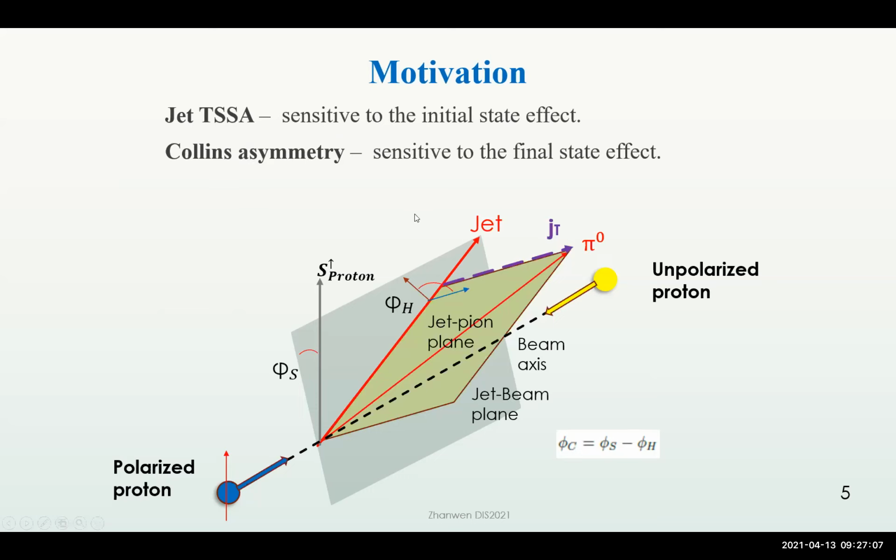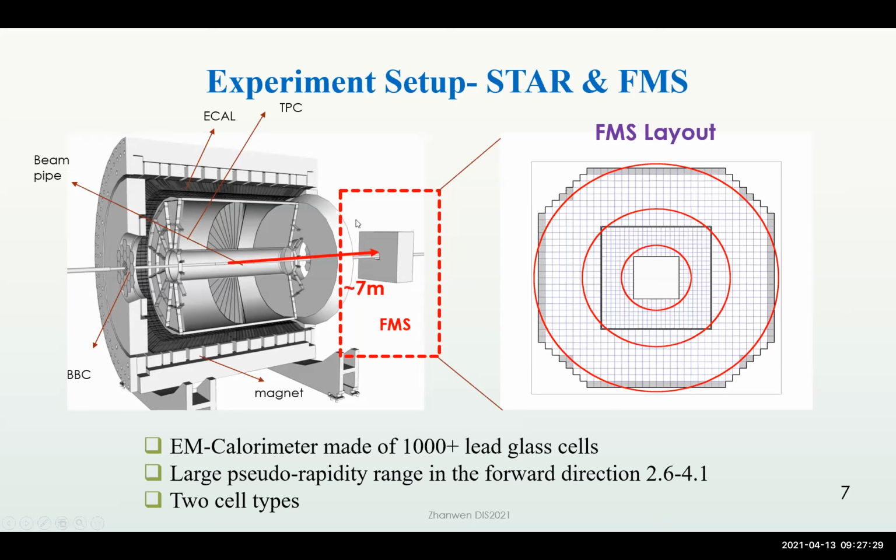We are doing the experiment at RHIC, which has polarized proton beams, and the STAR experiment lies here, at 6 o'clock. Zooming in on the STAR detector, we mostly use this sub-detector called the FMS, the forward meson spectrometer, which is an EM calorimeter with more than 1,000 blocks like this.